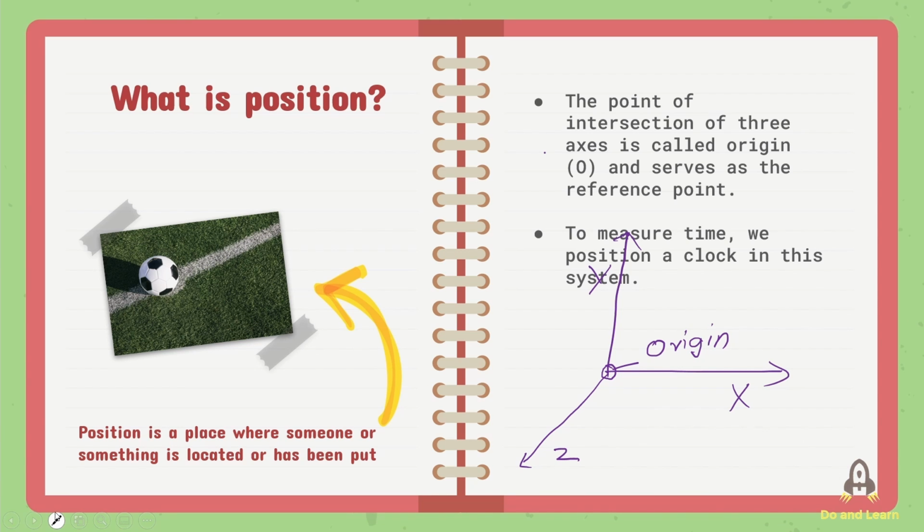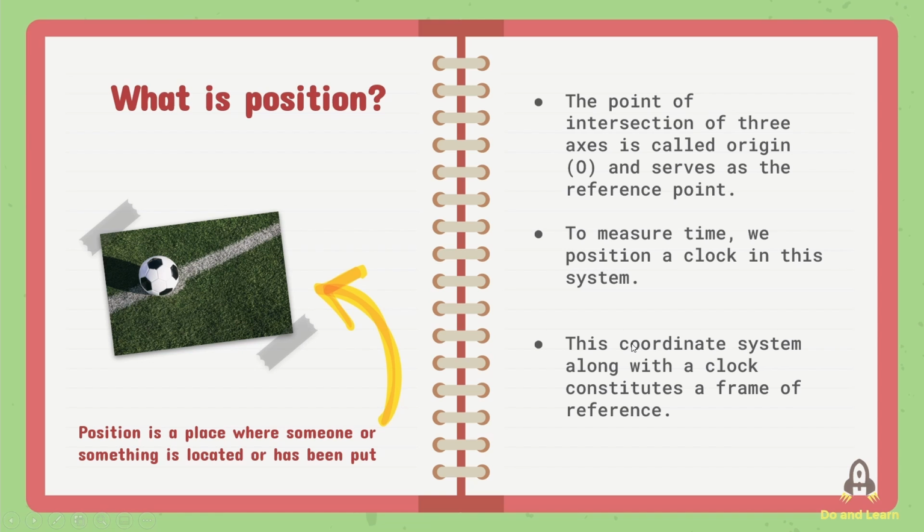If the object is in motion, we need to know the value of time. To measure the time, we position a clock in the system. In the previously shown XYZ system, if you put a clock, then you can measure the time. If you put the clock in the system, we can say it constitutes a frame of reference.